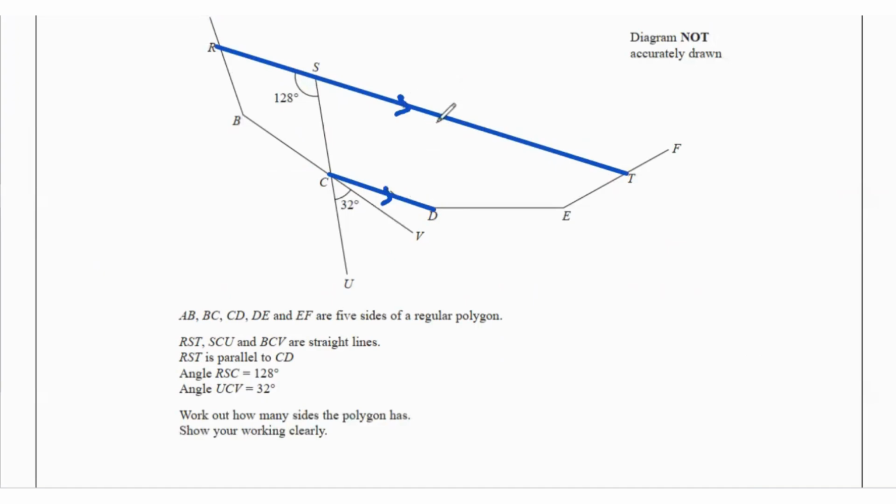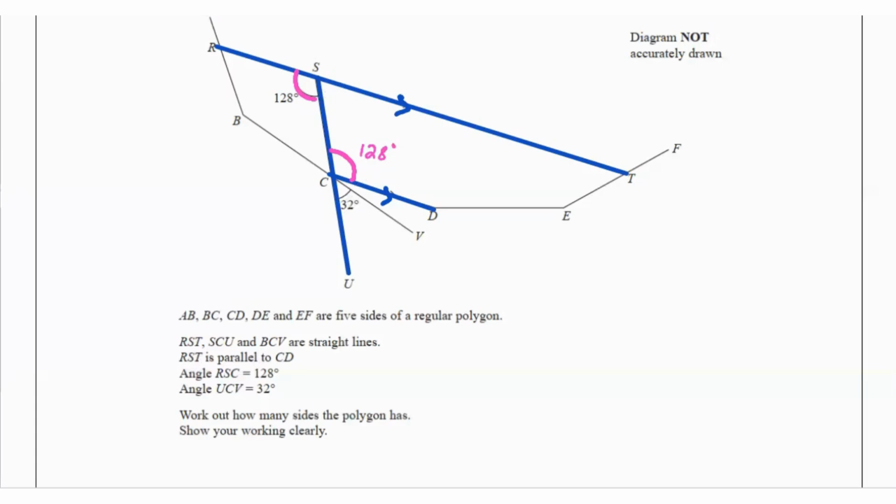These arrows indicate that the lines are parallel. Now we have this transversal passing through the 2 parallel lines, and whenever we have a transversal cutting parallel lines, it means that alternate angles are going to be equal. So if this is 128, this is also 128.